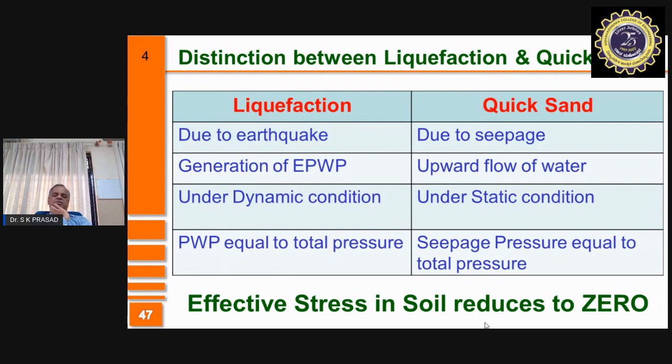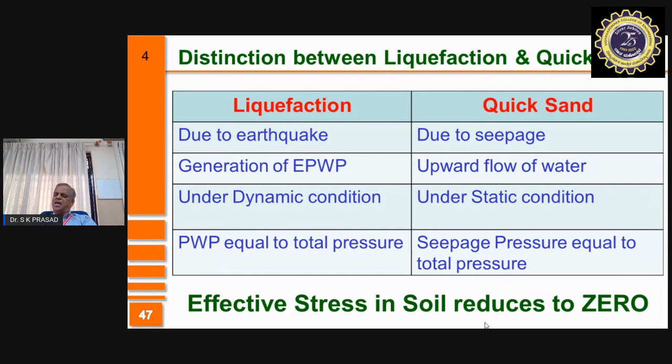Liquefaction happens because of earthquake. Quicksand is always because of seepage, and the seepage is upward seepage. In liquefaction, it is the excess pore water pressure which brings the effective stress to zero, whereas in quicksand condition, it is the upward flow of water which makes the effective stress zero.